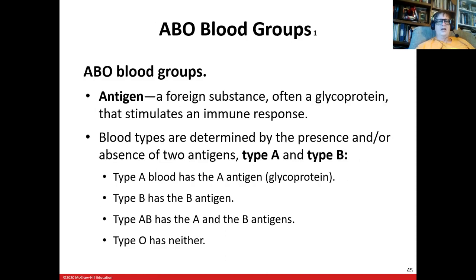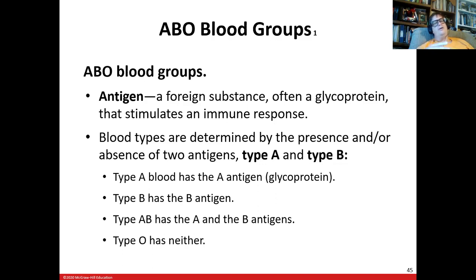Anyway, so the ABO blood group is the main one, the famous one. Basically, you have a type A protein that you could have on the surface of a red blood cell. You have a type B protein that could be on the surface of a red blood cell.